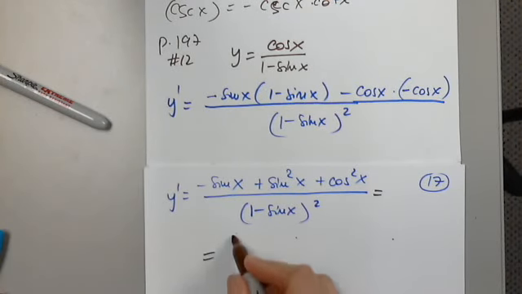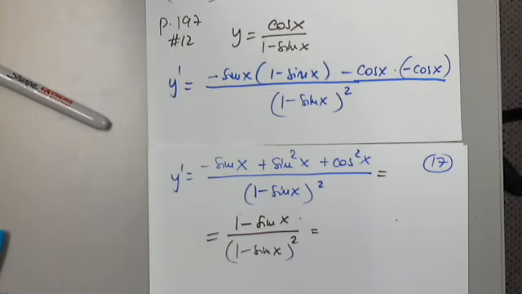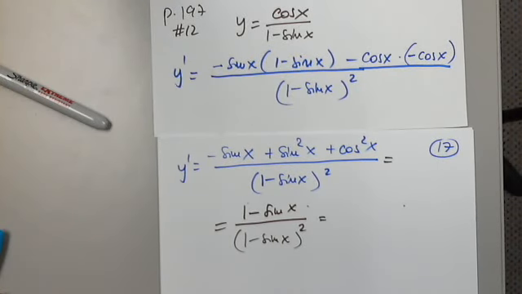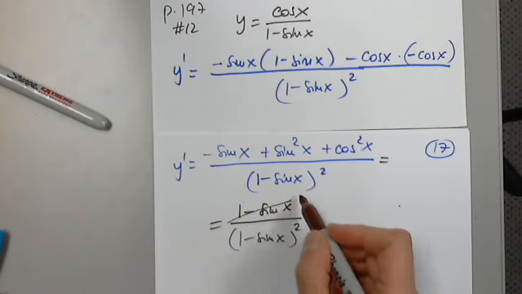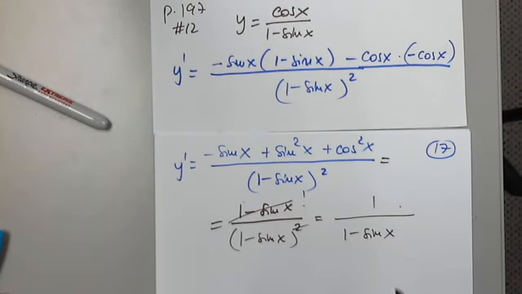So I'm going to write it appropriately as 1 minus sine x. I'm going to write in the same order so we observe something. 1 over 1 minus sine x. I remove the factor of 1 minus sine x from the top and the factor of 1 minus sine x from the denominator.